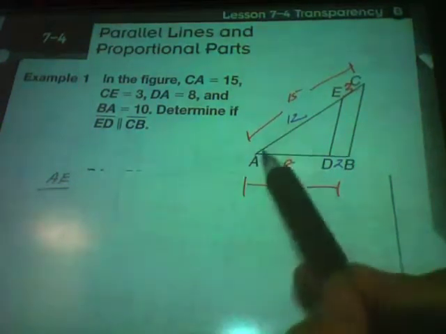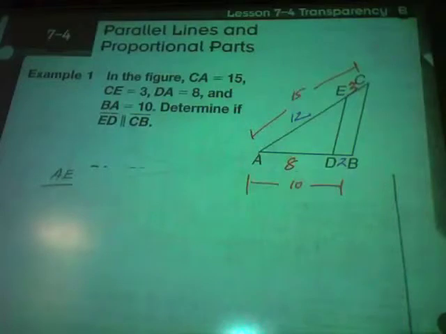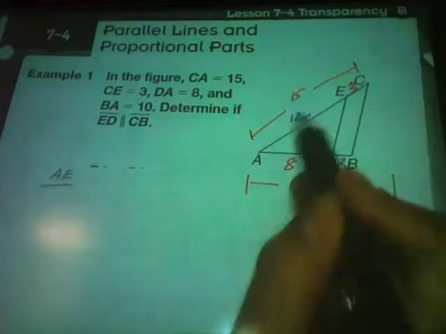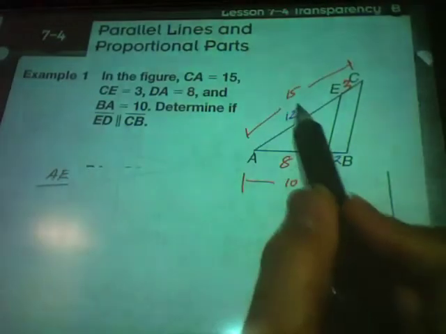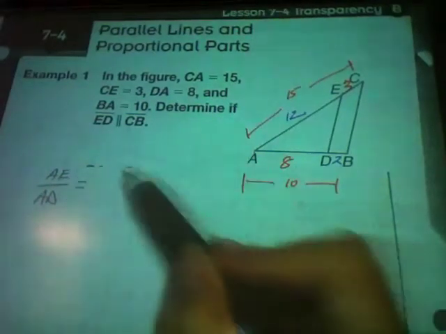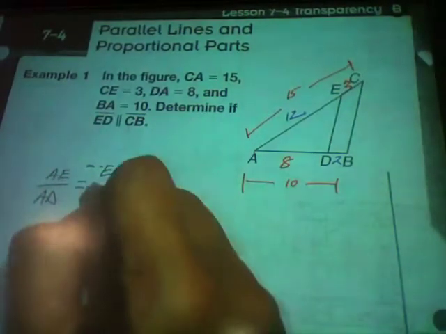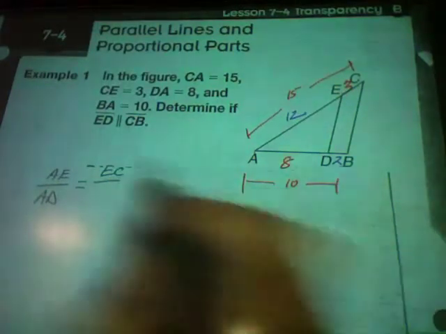So this segment from here to here, A to E, what could we say it's proportional to? Be real loud. AD. So you can go from here to here. So notice I'm going from top down. So A to D is equal to, so then what are you going to put over here? EC is proportional to DB.